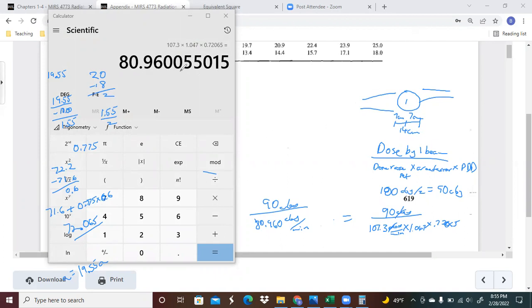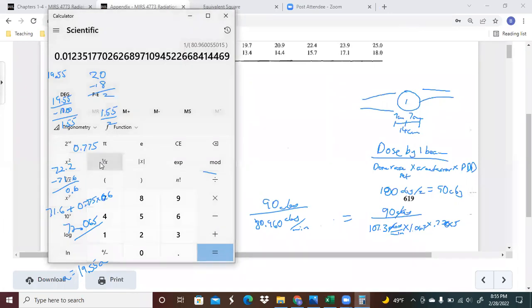If I take 80.960, I know that's the denominator down here. I'm going to tell the calculator that that's my denominator. The way I do that is I call this 1 over x. And now all I have to do is multiply that by the numerator. Basically, I'm finding a reciprocal of it. So you can see here 90 times 1 over this stuff, and that's what this turns out to be.